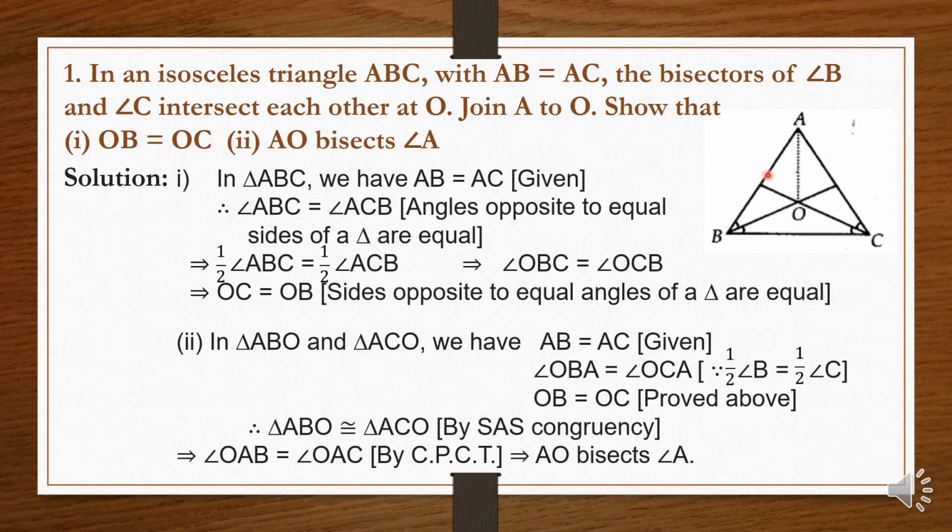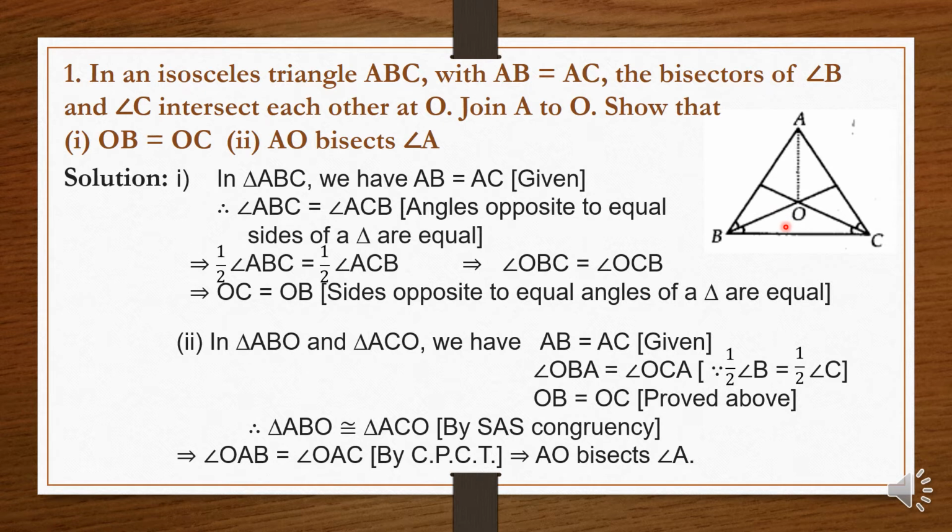Now, to prove them to be congruent, we already have AB equal to AC. We also have the condition BO equal to CO. We have just proved this in the previous part of the sum. Next, we already know that angle B is equal to angle C. Since angle B is equal to angle C, half of angle B is also equal to half of angle C. Now half of angle B is equal to angle ABO and angle OBC.